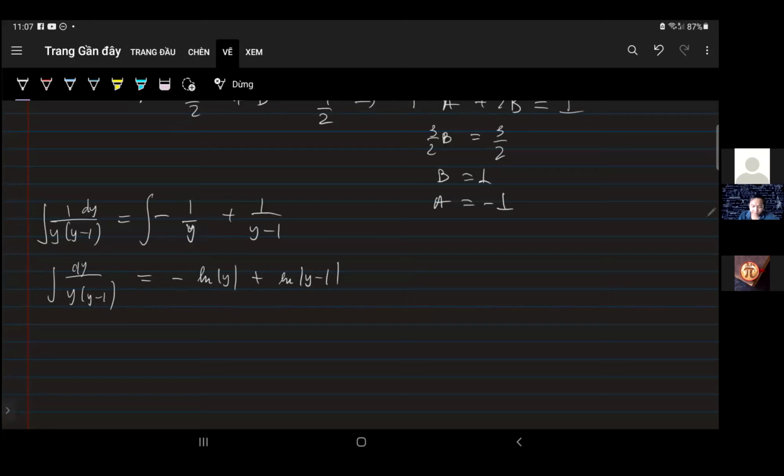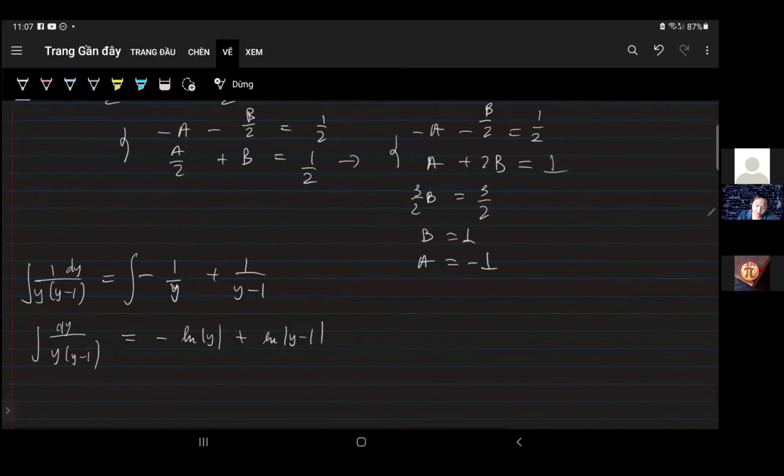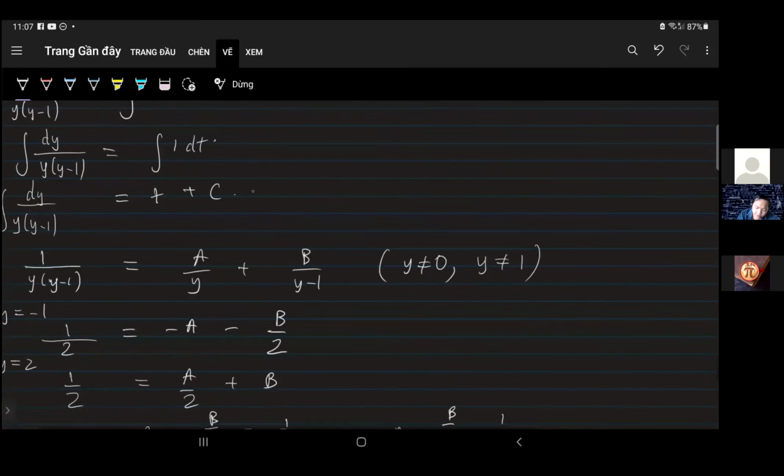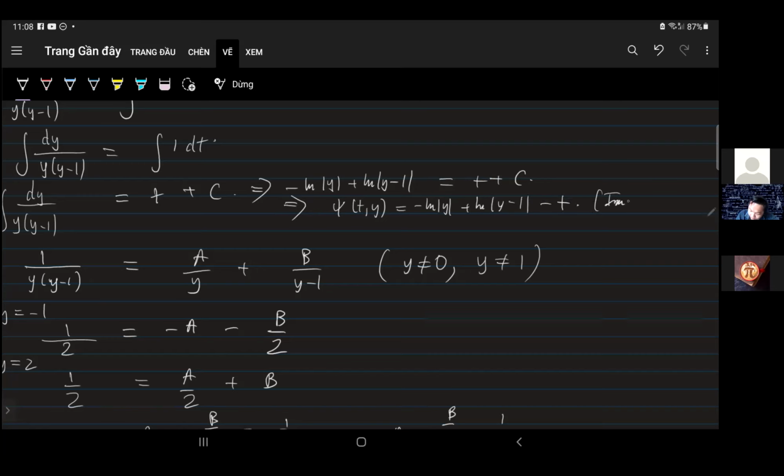Okay, so then we plug in here, we have negative log of y plus log of y minus 1 equal to t plus c. Okay, and then if you want to find the solution, it's going to be log of y plus log of absolute value of y minus 1 minus t. So that is the implicit form.